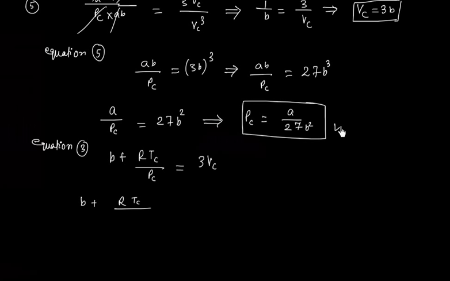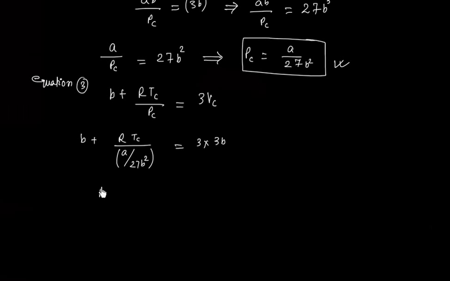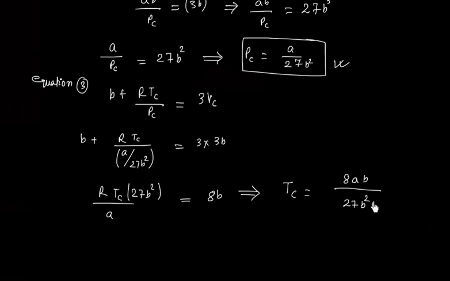Pc is given A by 27 B square, 3 into Vc, Vc is 3b. So we will have RTc by A by 27b square. This is equals to 8b. So from here we can say Tc is equals to 8ab divided by 27b square R. So Tc is equals to 8a divided by 27b into R.